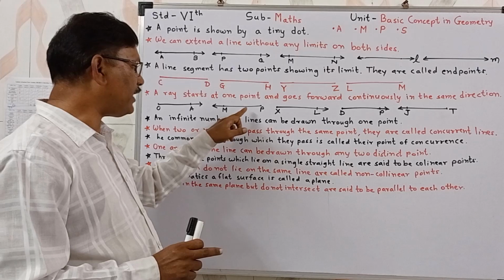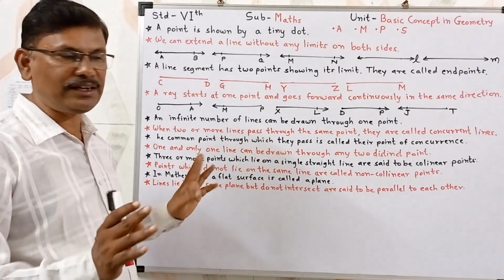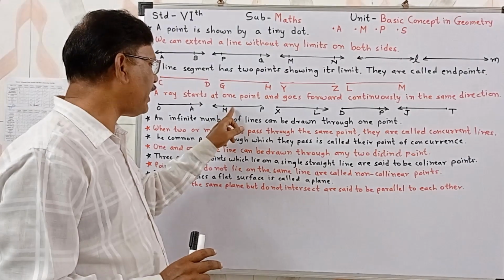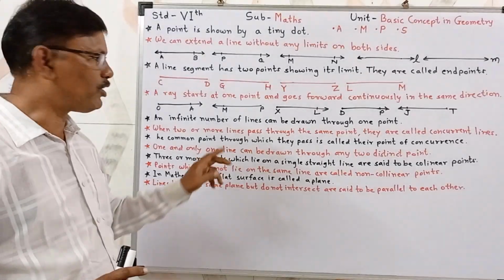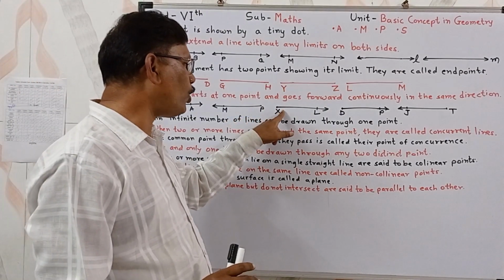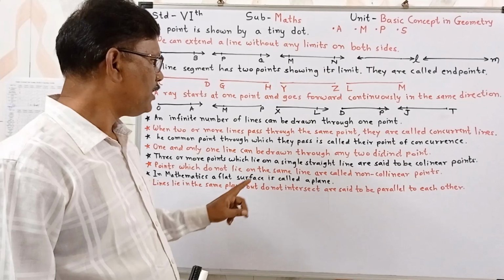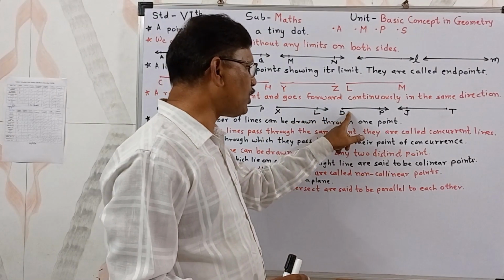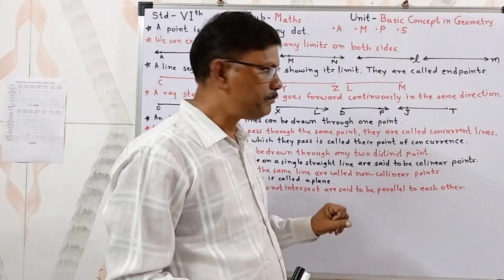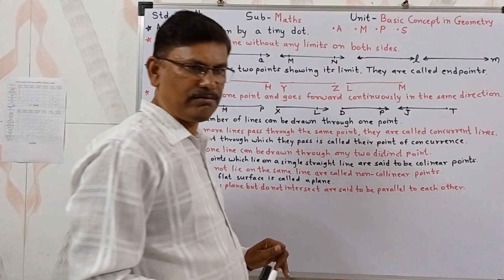Here we can read this ray PM, but we can't read ray MP because P is the origin. Understood? X is the origin of ray XL. D is the origin of ray DP. T is the origin of ray TJ.